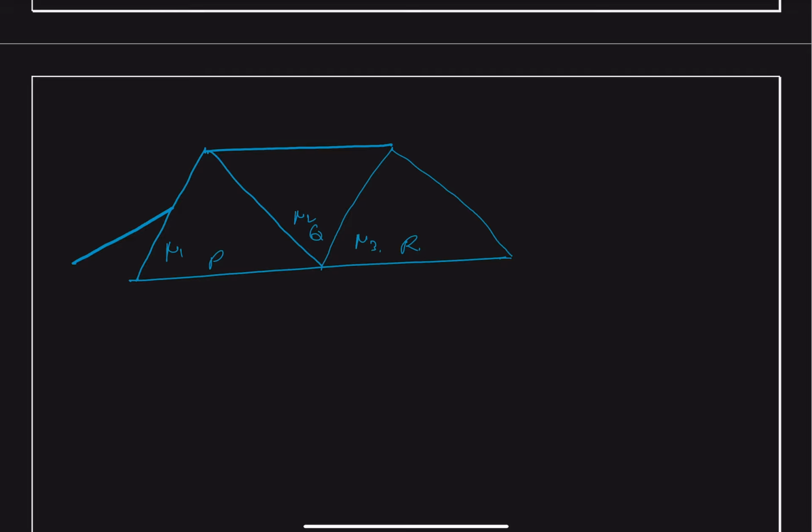But all these refractive indexes are equal, and therefore the ray inside the prism will be traveling along a straight line, and finally it is going to bend in this direction.